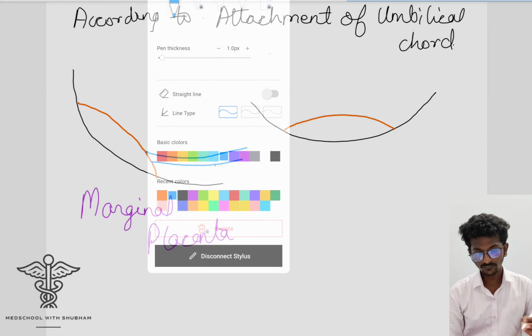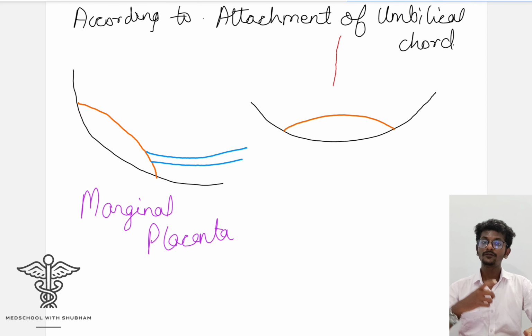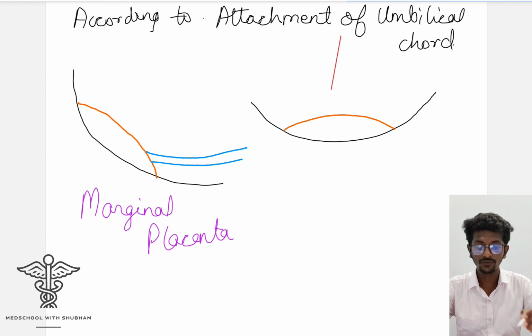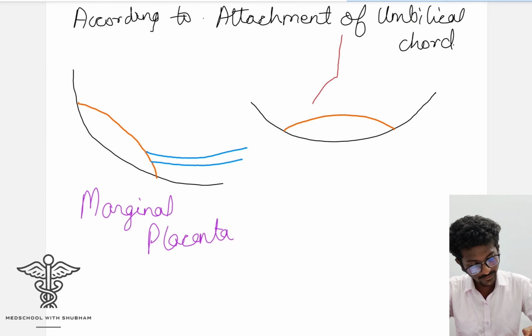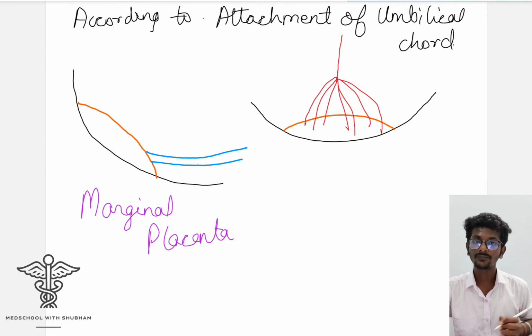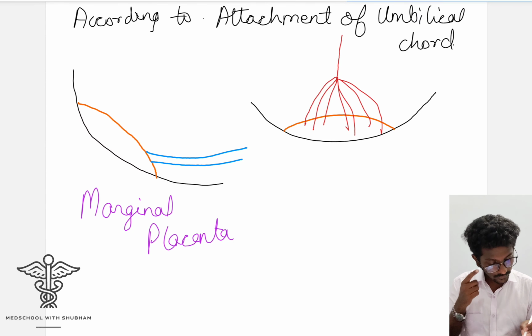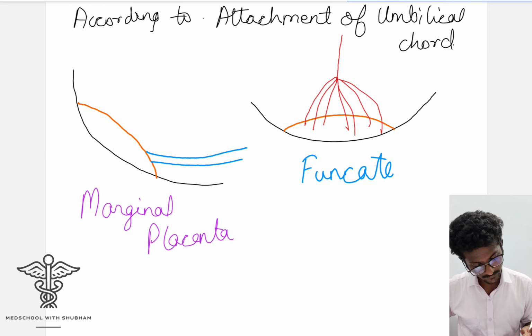Now these are the umbilical blood vessels, and before entering the actual placenta, these blood vessels get divided just before entering the placenta in this way. Okay, so this is called as the furcate placenta.